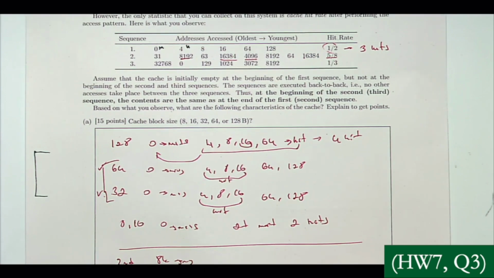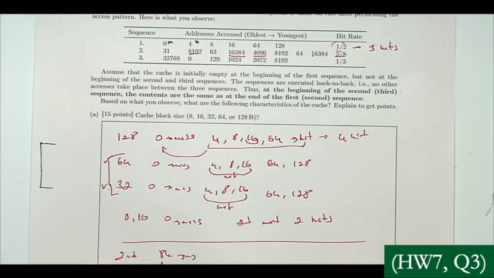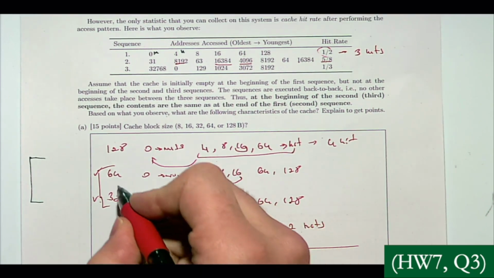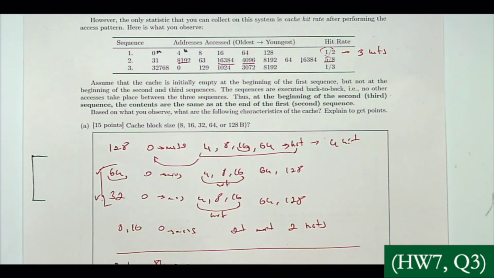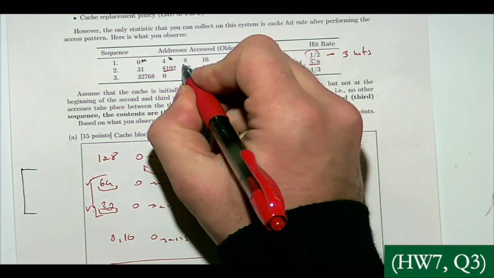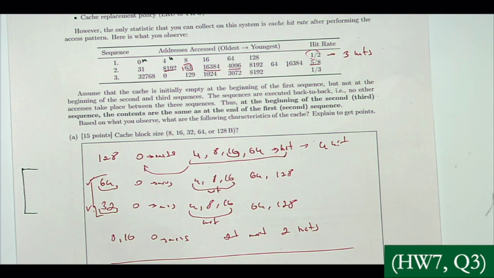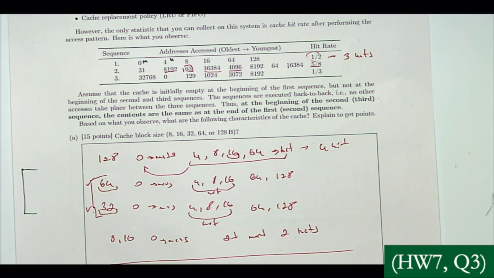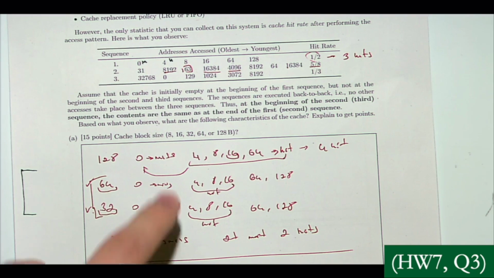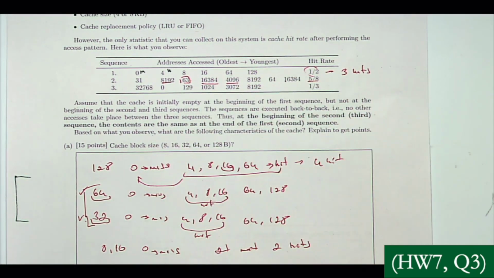In order for this to happen, our block size needs to be 64. Why? If this was 32, then 63 would be a miss, because we don't access any address between 32 and 64. So the block size needs to be 64 so that we will also have this 63 as a hit.